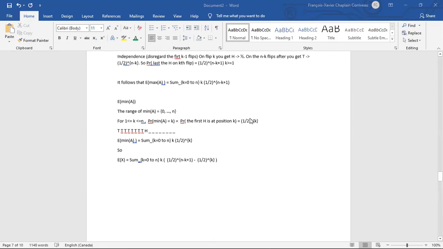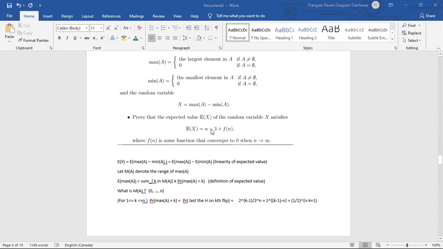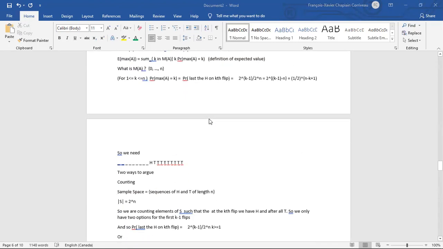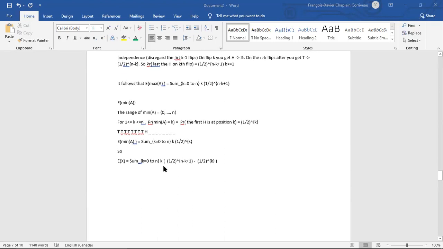So if I want an n, what can I do here? So how would I make an n appear from this summation? Not quite.